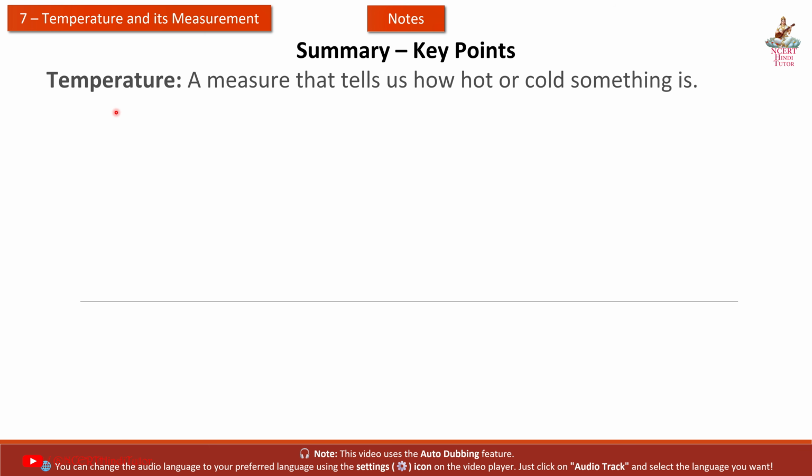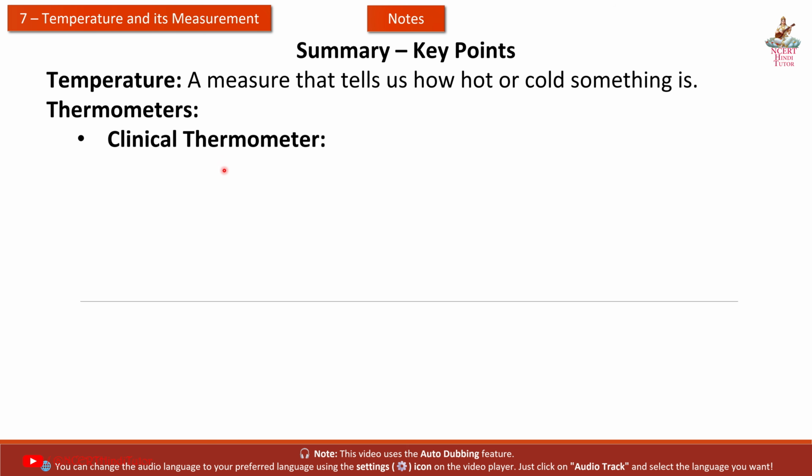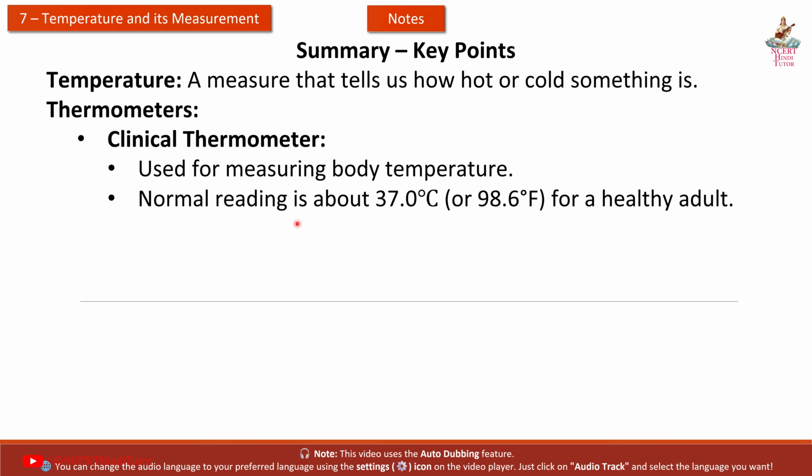Summary, key points. Temperature: a measure that tells us how hot or cold something is. Thermometers: the clinical thermometer is used for measuring body temperature. Normal reading is about 37 degrees Celsius or 98.6 degree Fahrenheit for a healthy adult.